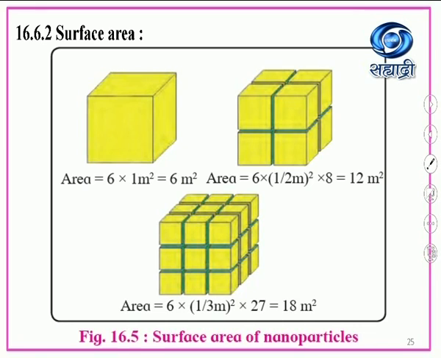After that, we'll see the surface area. High surface to volume ratio is a very important characteristic of nanoparticles. If a bulk material is subdivided into a group of individual nanoparticles, the total volume remains the same, but the collective surface area is largely increased.